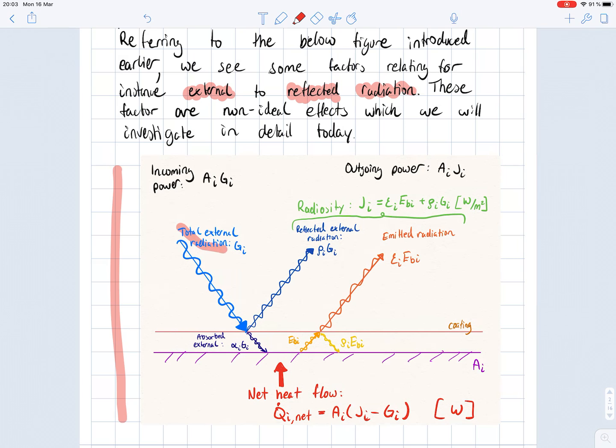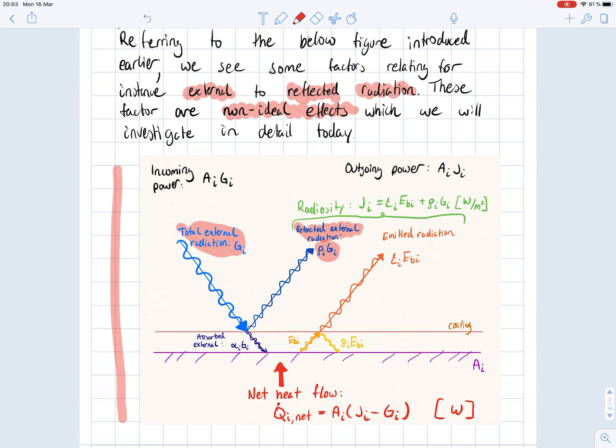We have the total external radiation, GI, and we have the reflected external radiation, rho I GI. And this factor rho is a non-ideal effect, which we will investigate in detail today.